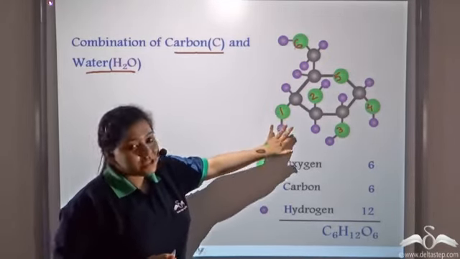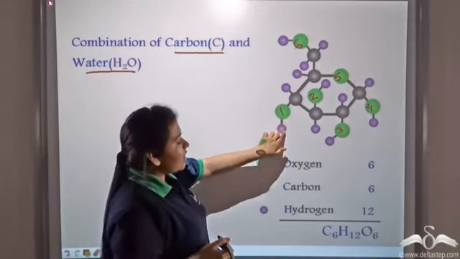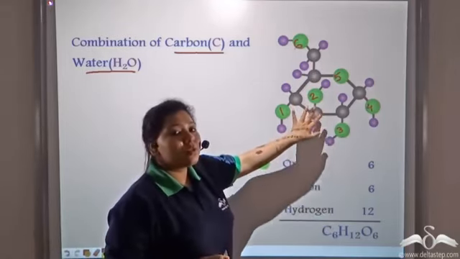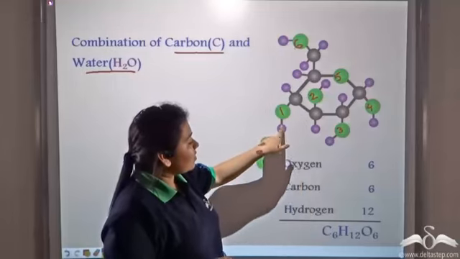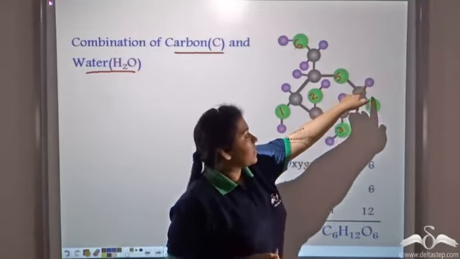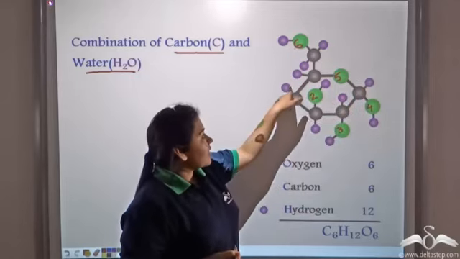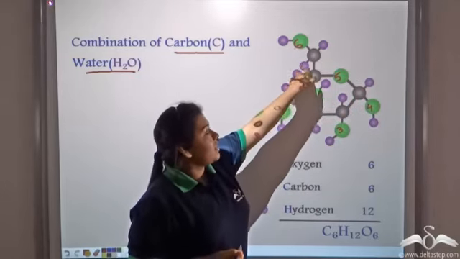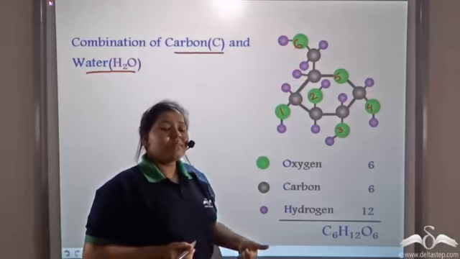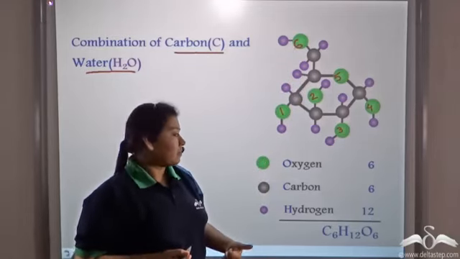What about hydrogen atoms? See, there are 12 hydrogen atoms present in a glucose molecule. 1, 2, 3, 4, 5, 6, 7, 8, 9, 10, 11, 12. So there are 12 atoms of hydrogen.